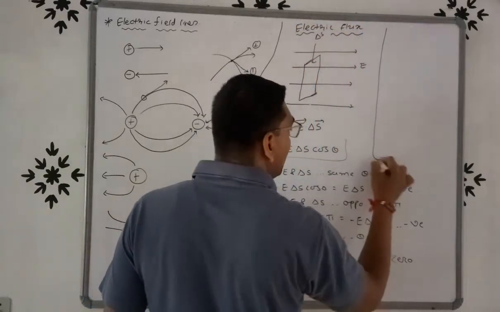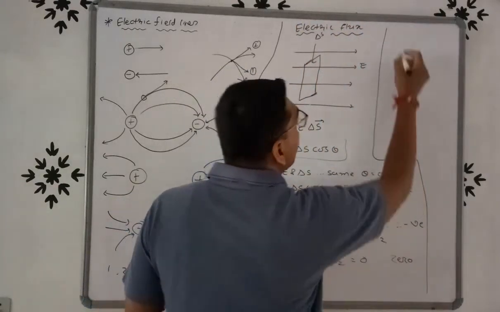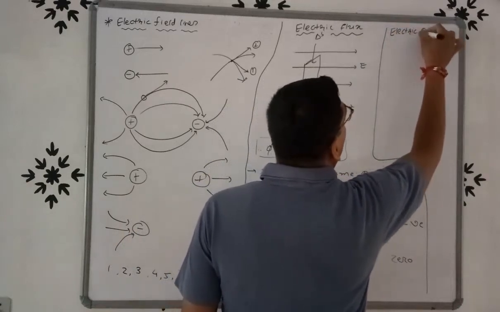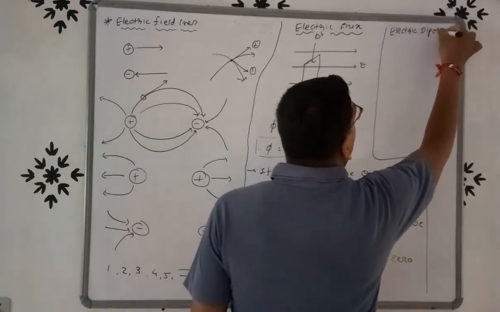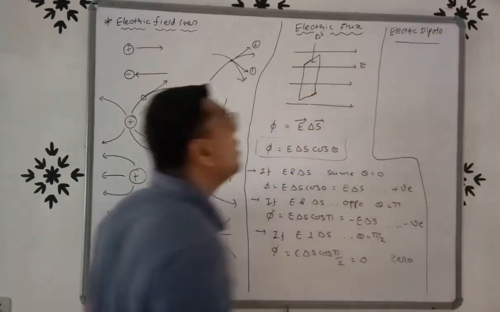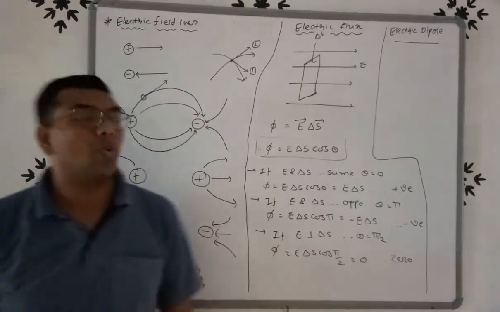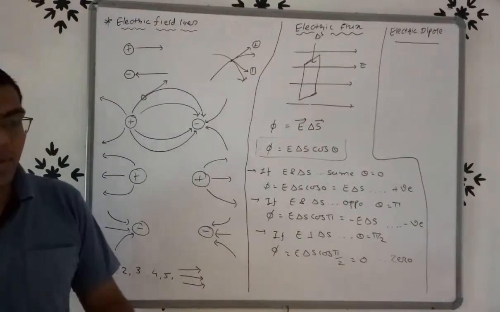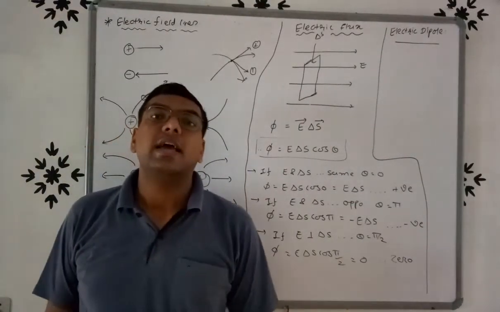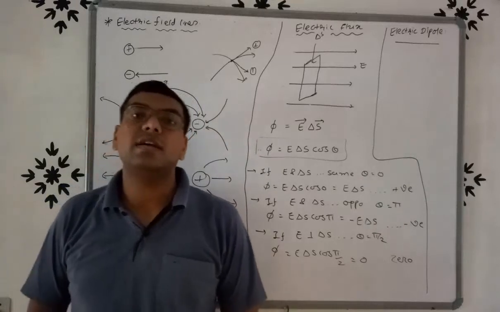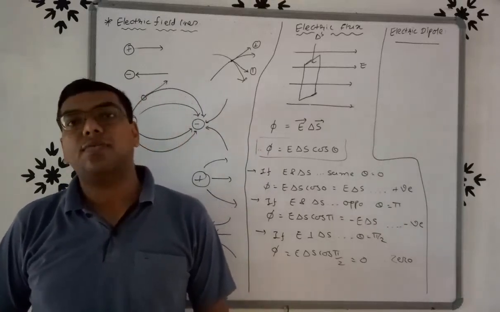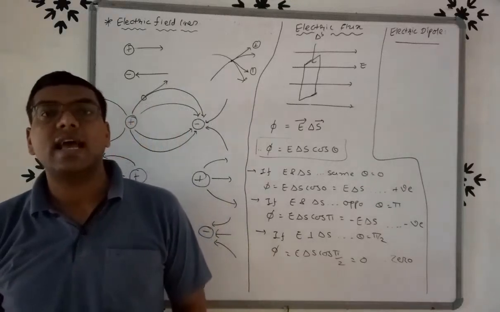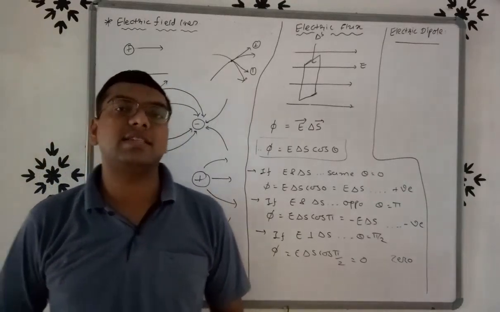Now we will discuss electric dipole, right? Now what is electric dipole? So remember friends, electric dipole is a system of equal and opposite charges at a finite distance.